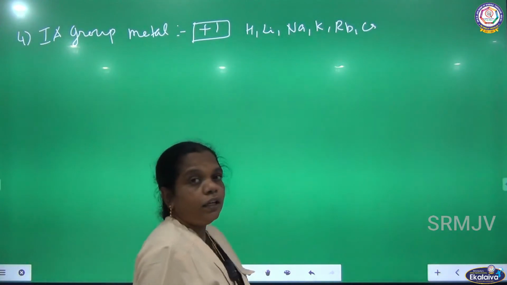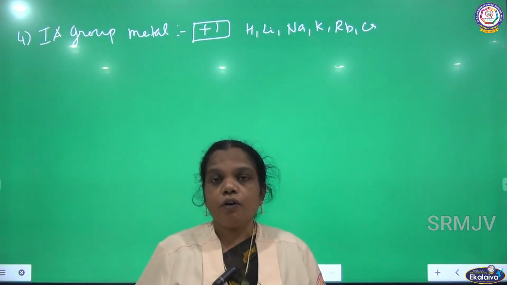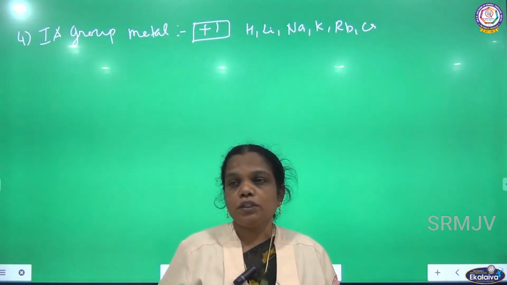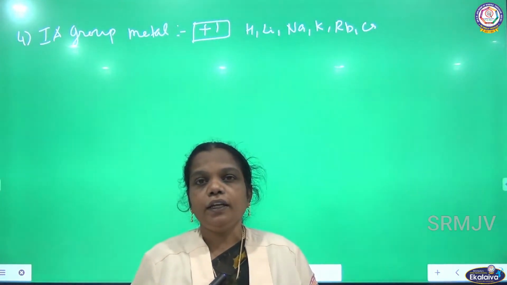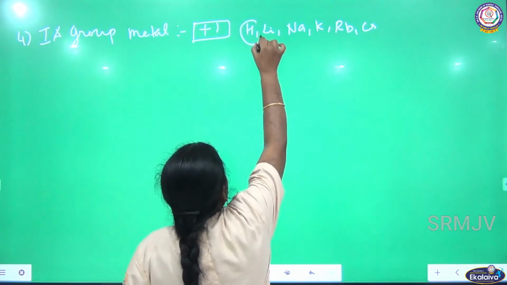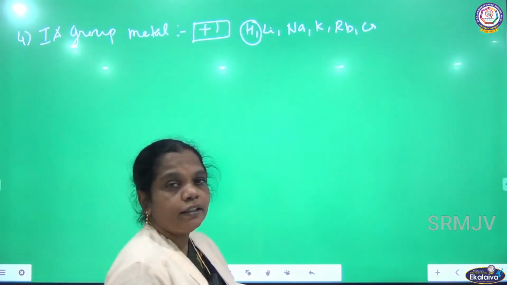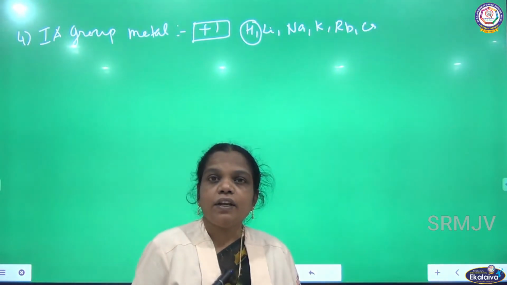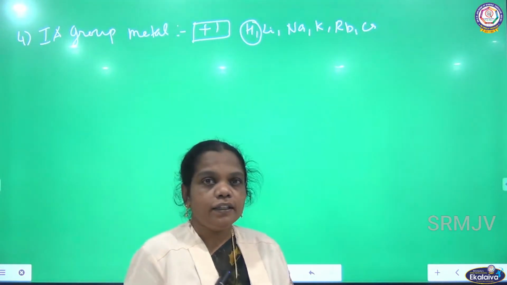These are all the first group metals. They are highly electropositive elements and show only +1 oxidation, except hydrogen. So hydrogen can show +1 as well as -1 oxidation state.